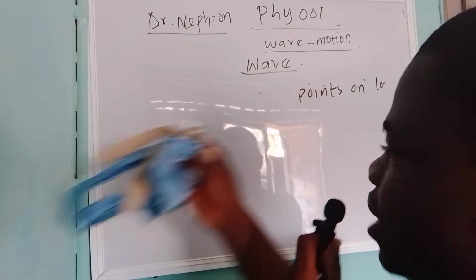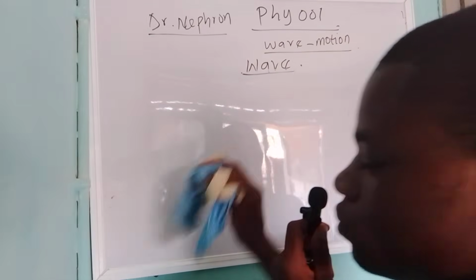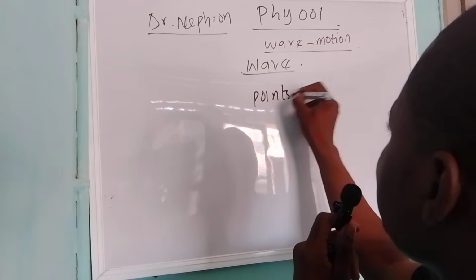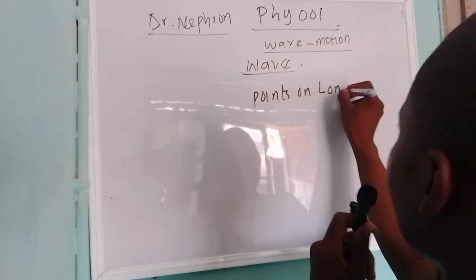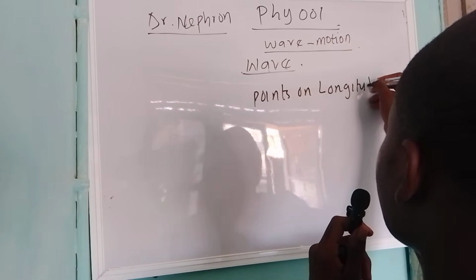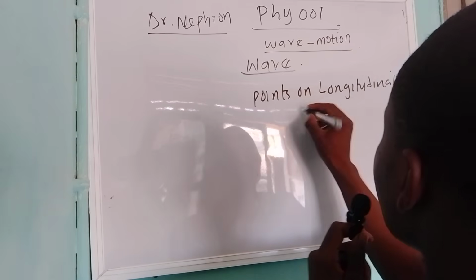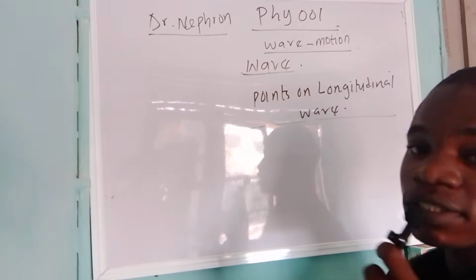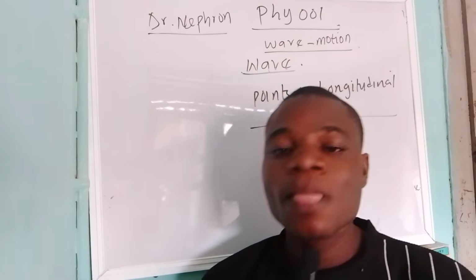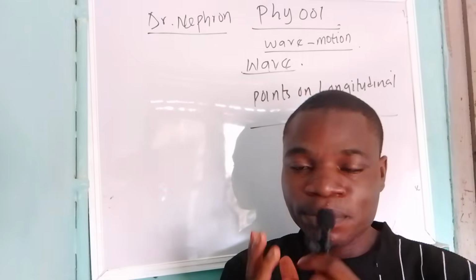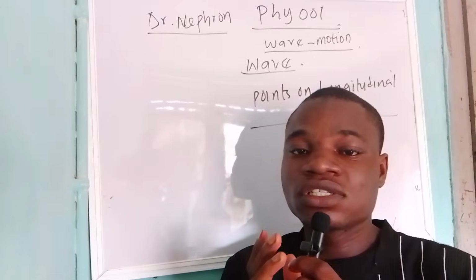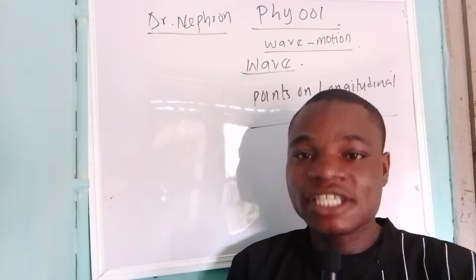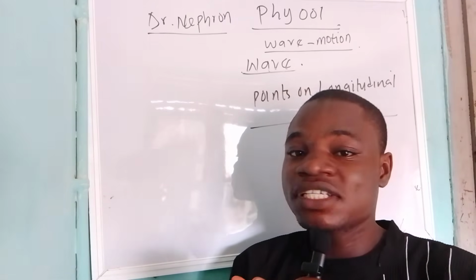There are 2 points on longitudinal wave. So all these things they will not give in your secondary school, do you know? Now they just give you notes. But this one is very understandable, right? So you can see I make sure I'm breaking everything down for you guys.